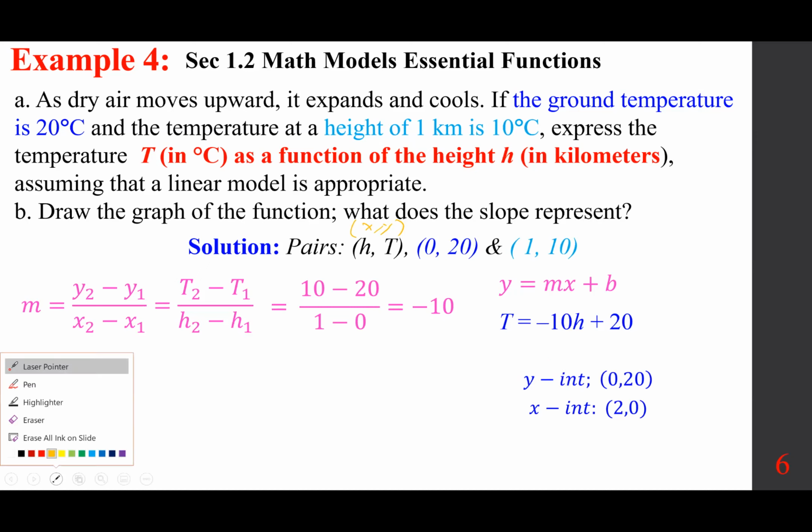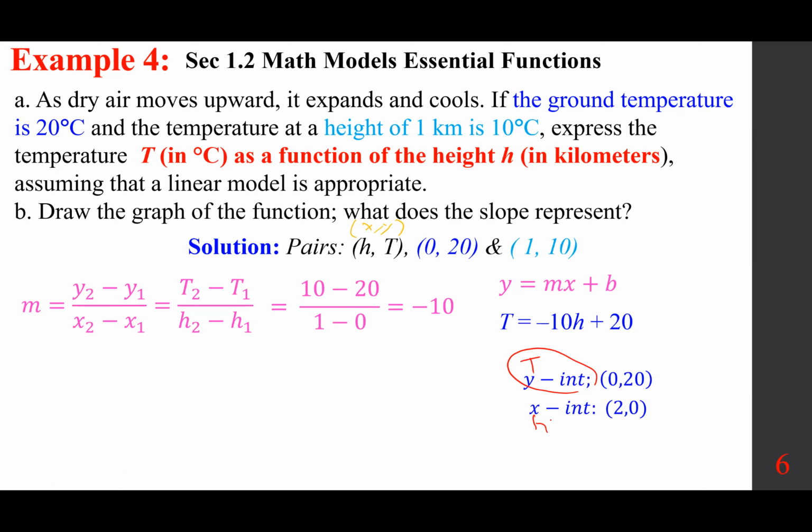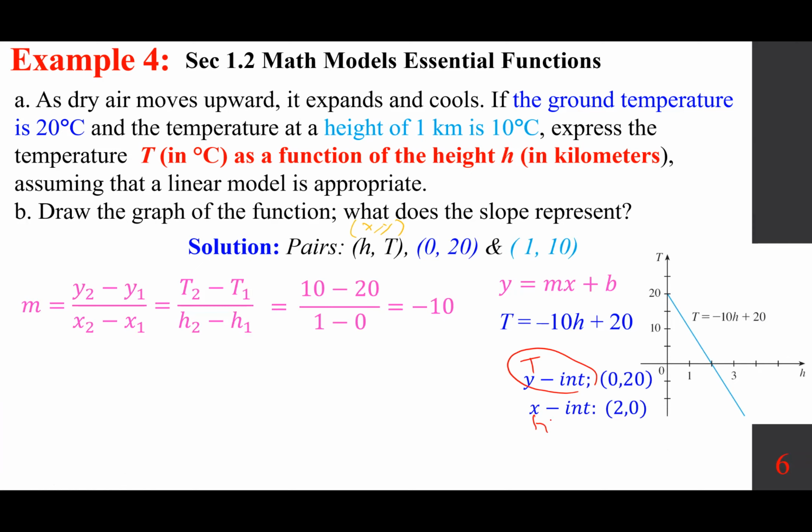So that would be the t-intercept, and the x-intercept, that would be the h-intercept. And the graph looks something like this.